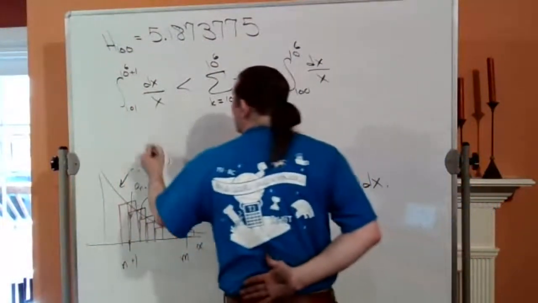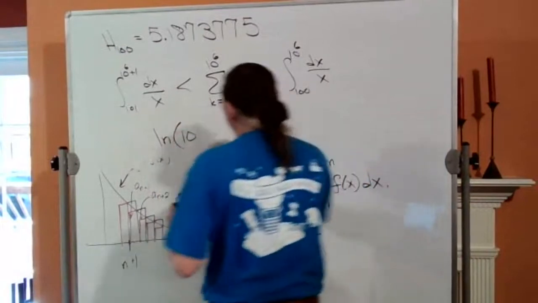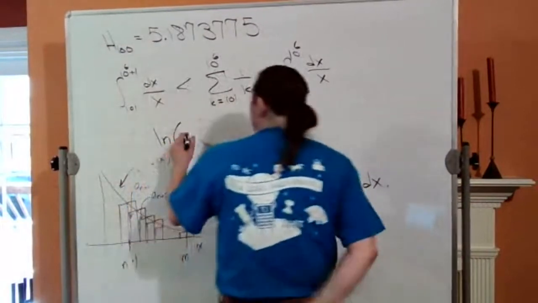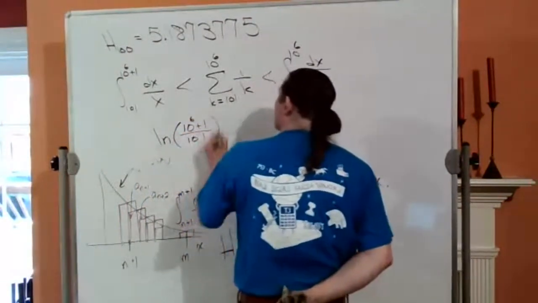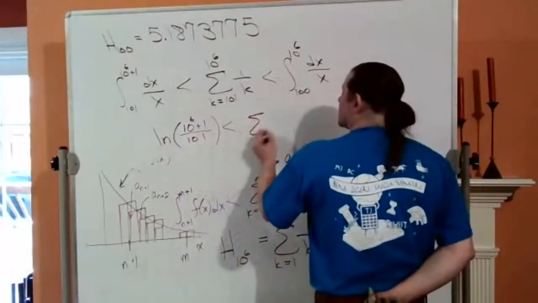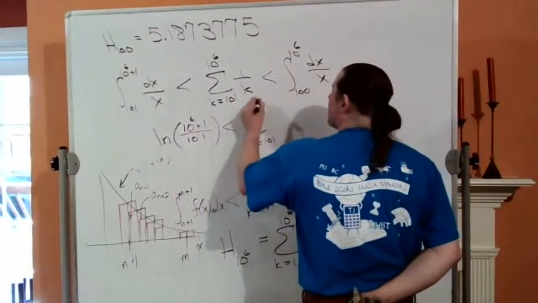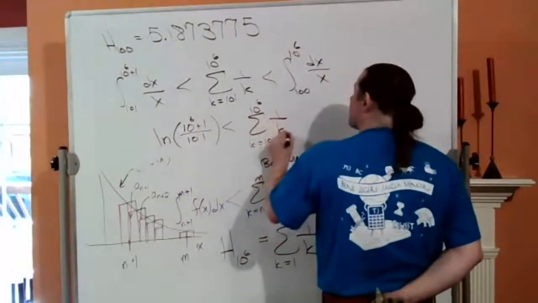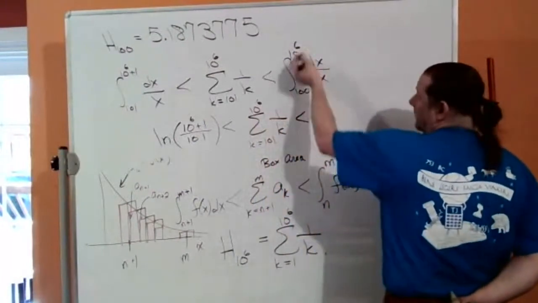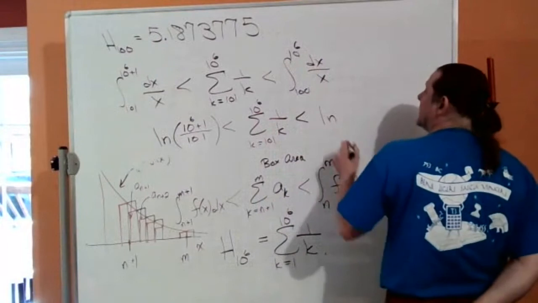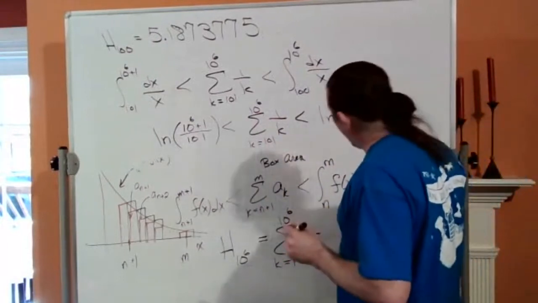So I would have the natural log of (10 to the 6th plus 1) divided by 101 is less than this remaining piece, is less than the natural log of 10 to the 6th divided by 10 to the 2, which is 10 to the 4th. All right?